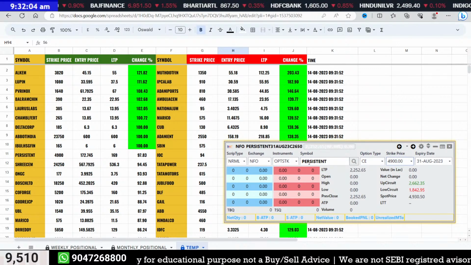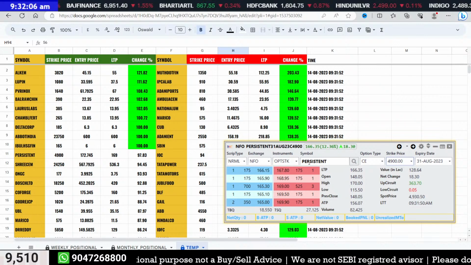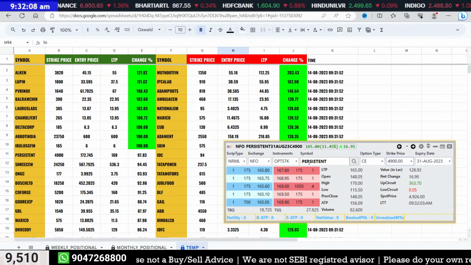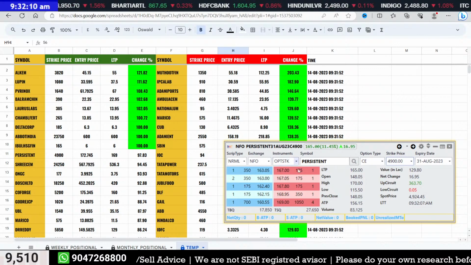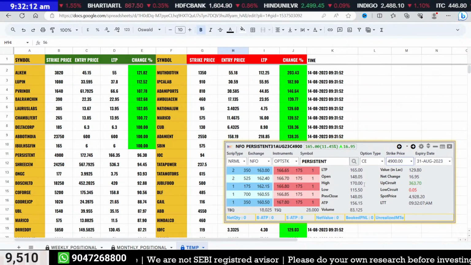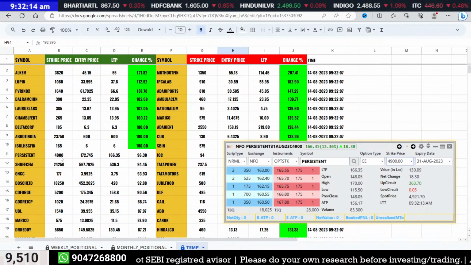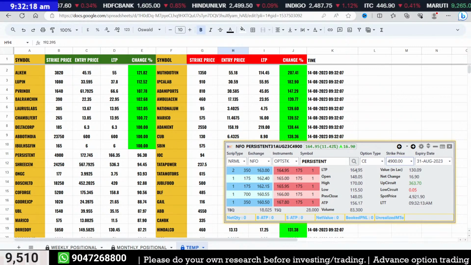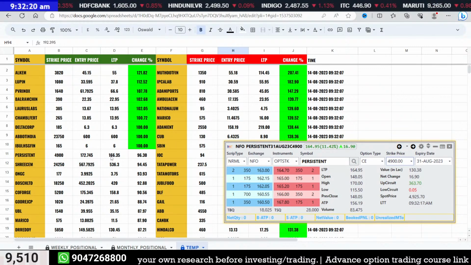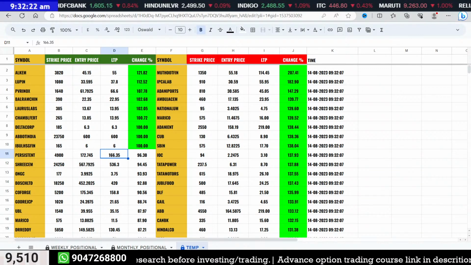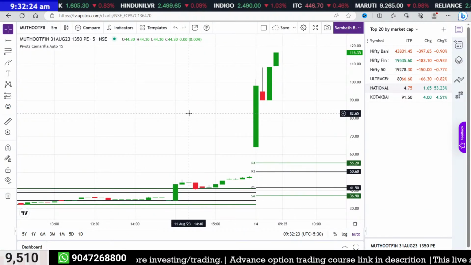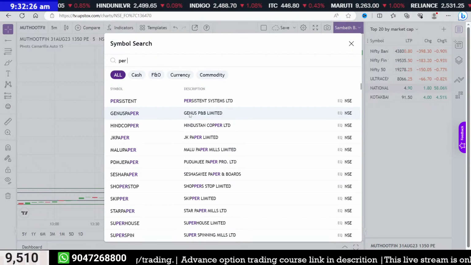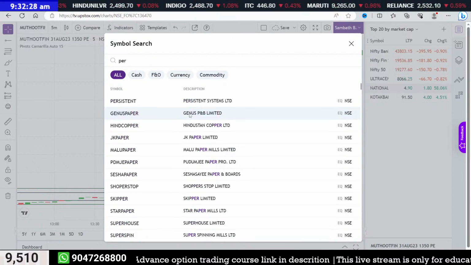it should be around 4900. And the volume also be good and LTP that working. So you can see the high made before 9:30 is 170. So Persistence 4900, lot size is around 175. Maybe we can look for 173 above, 4900 Persistence. I think Muthoot Finance, if anyone would try, so good opportunity.